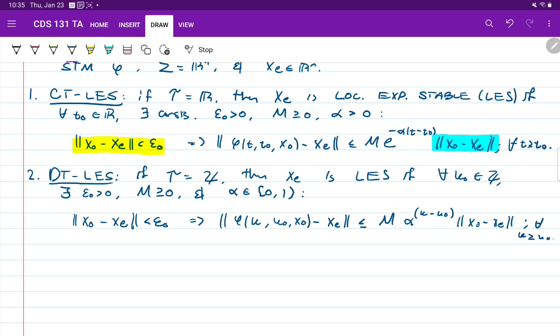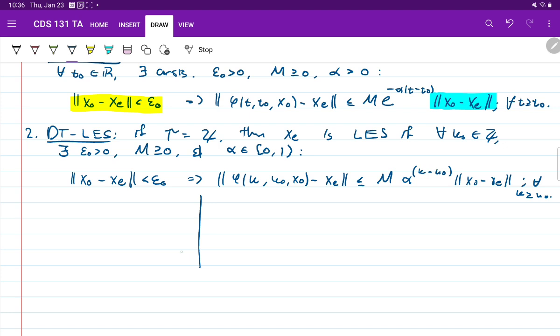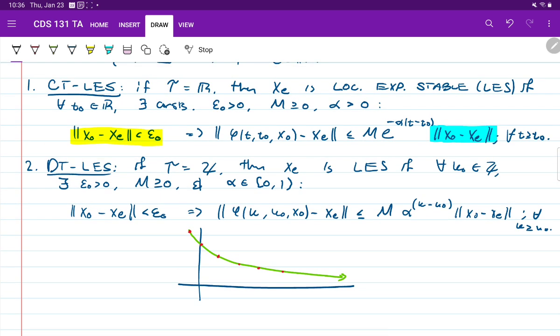Okay, so basically what we're asking for here is a geometric decay. If you remember from before, the reason for this geometric decay is that if we take an exponential decay in continuous time, and then we sample that exponential decay at a fixed time interval, what results is a geometric decay. So this is really just a natural way to pull a geometric term out of an exponential term.